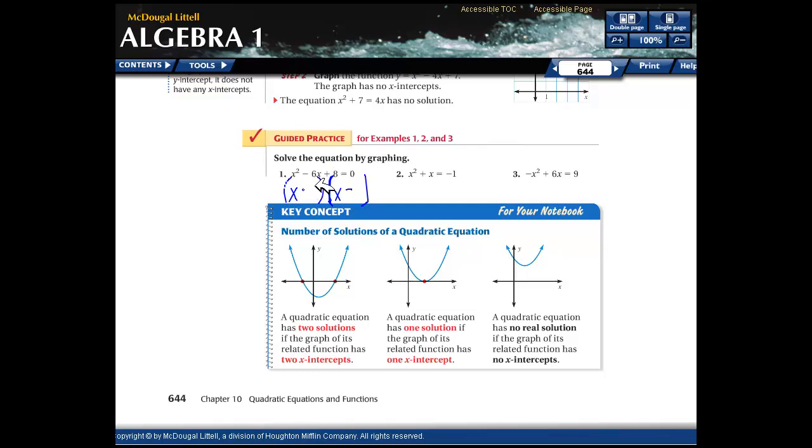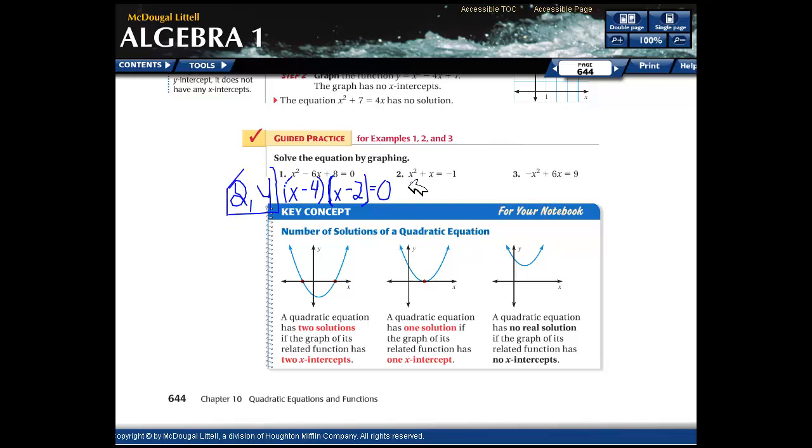My mistake on that. So negative 4, negative 2. So my answers are not negative 4 and negative 2. You have to set them both equal to 0. So my answers are 2 and 4. Those are the 2 points where it crosses.